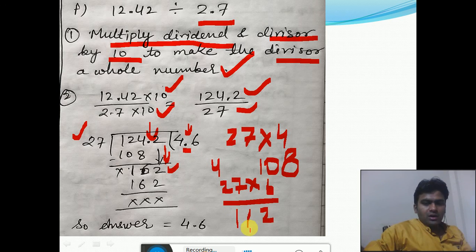So you got 162 when you multiply 6 into 27. So 27 into 6 is equal to 162. So write down the 6 here and 162 below 162, and the remainder is 0. So your answer is 4.6.